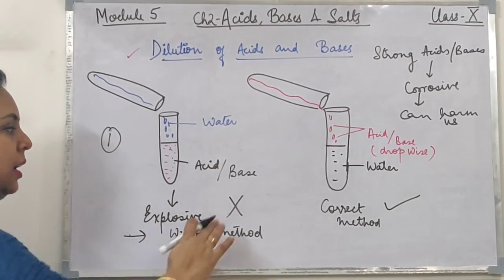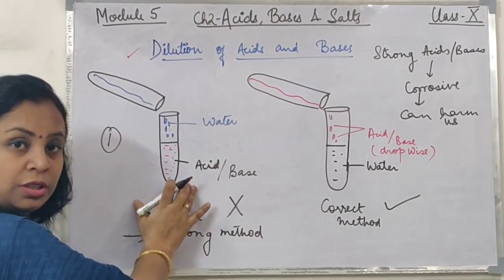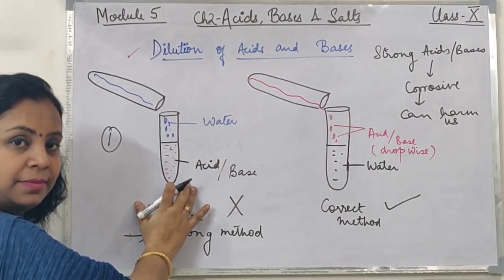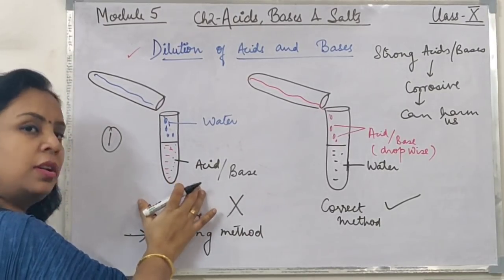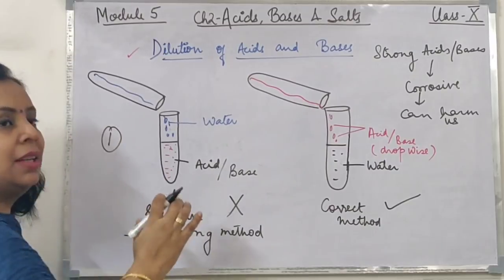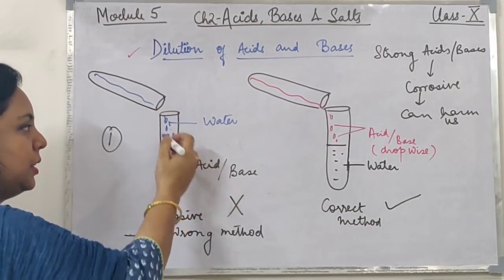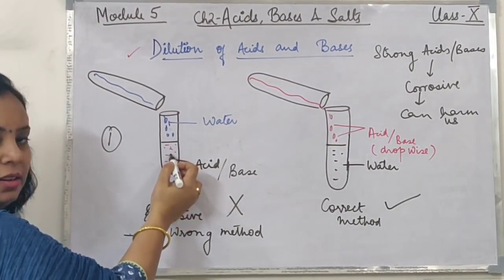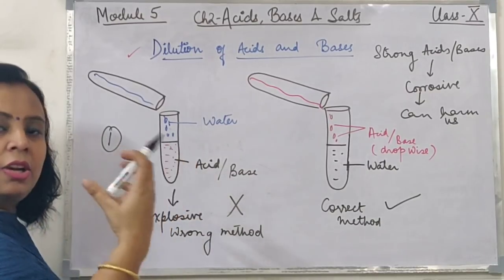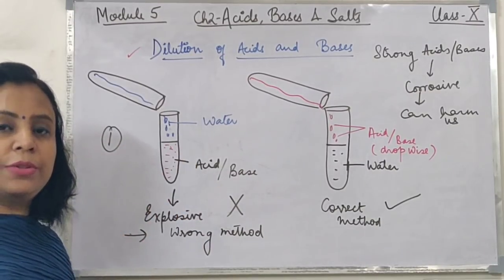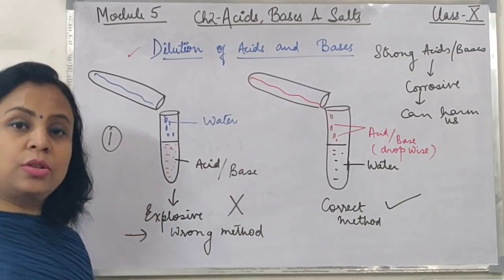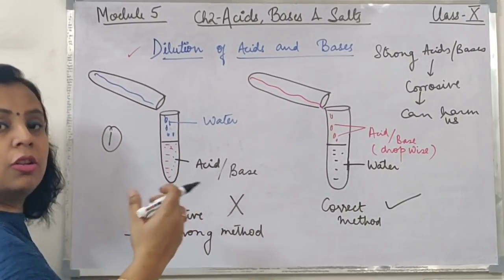What do you have to say about this? Is this the correct method? Correct. It is not the correct method, because when the water falls over it locally, a lot of energy is going to be produced, and since it is an exothermic reaction, there will be a lot of heat.